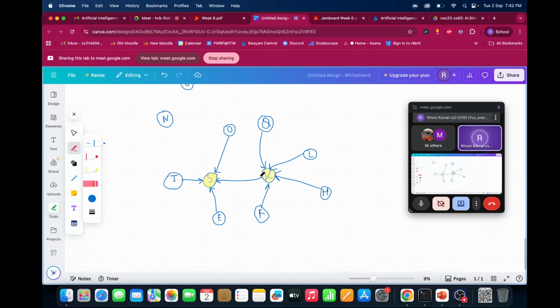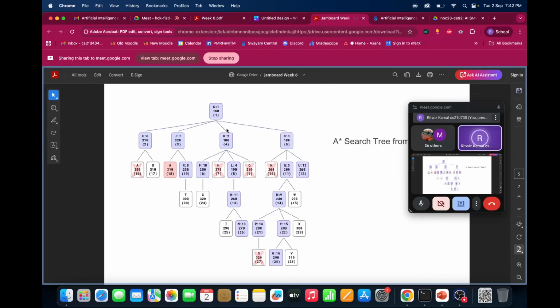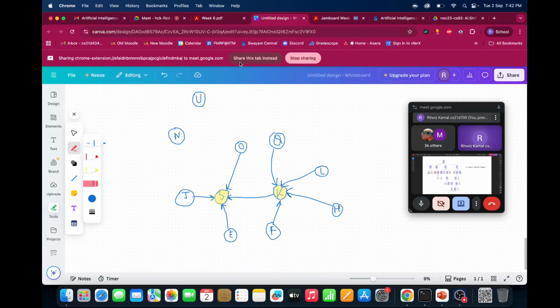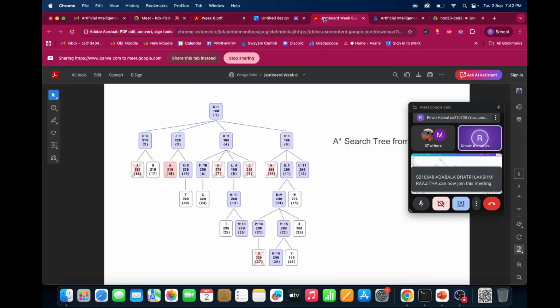Or maybe not. Never mind, I think we were moving correctly. So first S was inspected, then K was inspected, and then O will be inspected. Ignore what I was saying. So N and U will clearly have O as the parent. Whether we want to have Q as the parent or not, that we have to decide, because Q already had a parent in K. We can decide that via the A star search tree that we had.